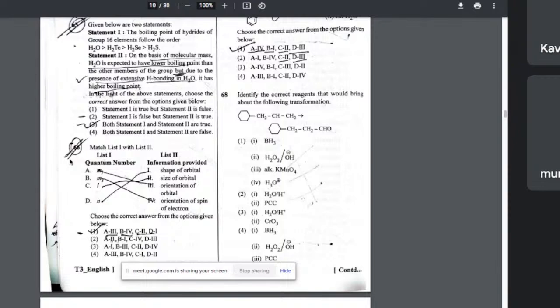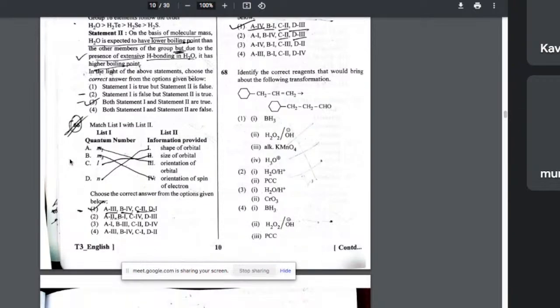Then the second reagent is PCC. BH3 in presence of H2O2 and OH negative, then PCC, pyridinium chlorochromate. This PCC reagent will convert a 1 degree alcohol into aldehyde and a 2 degree alcohol into ketone. So the correct answer for this is the fourth option: BH3, H2O2/OH negative and PCC. If we check the first option, that is alkaline KMnO4.